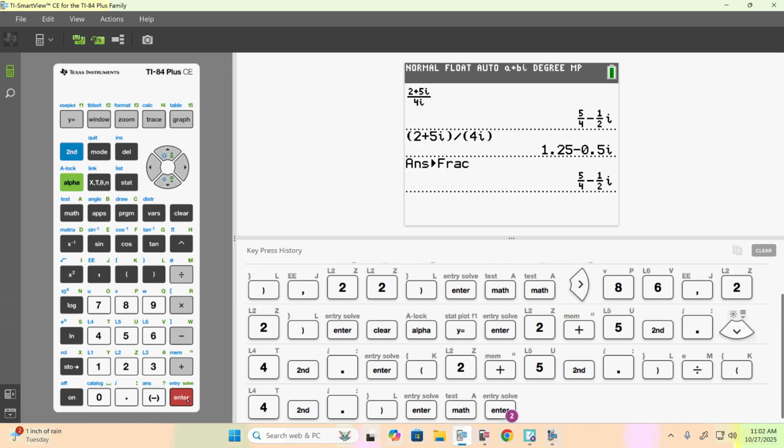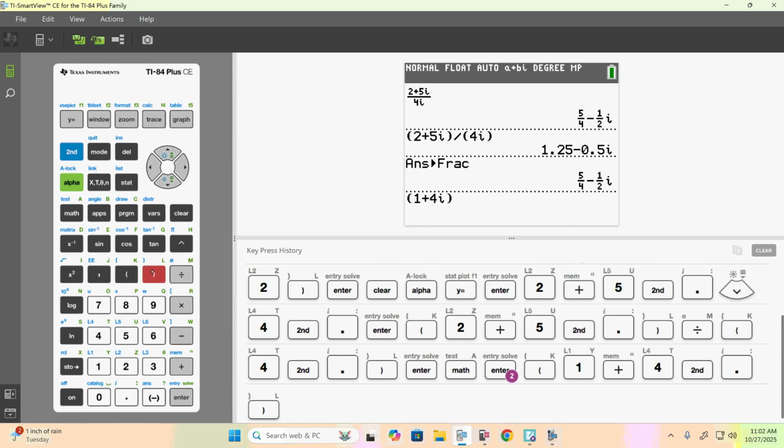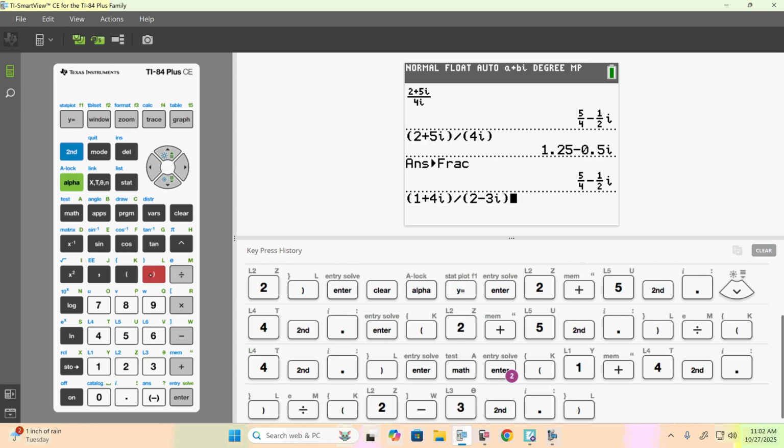Keep turning off. It might be the batteries are dying. So let's try the next one. 1 plus 4i divided by 2 minus 3i.